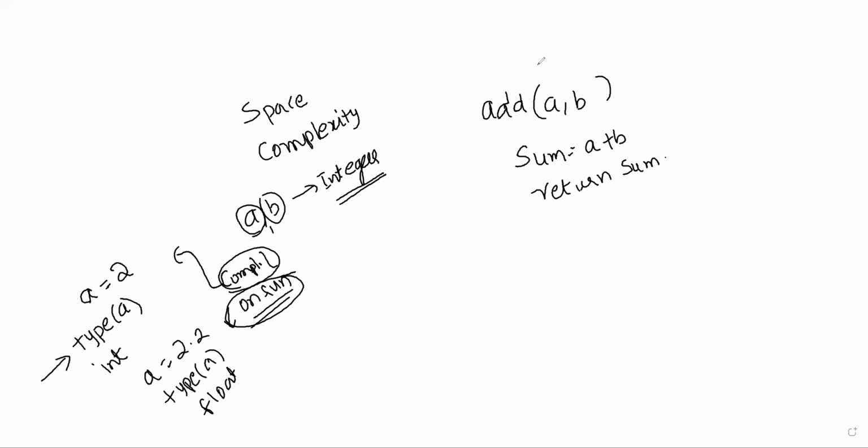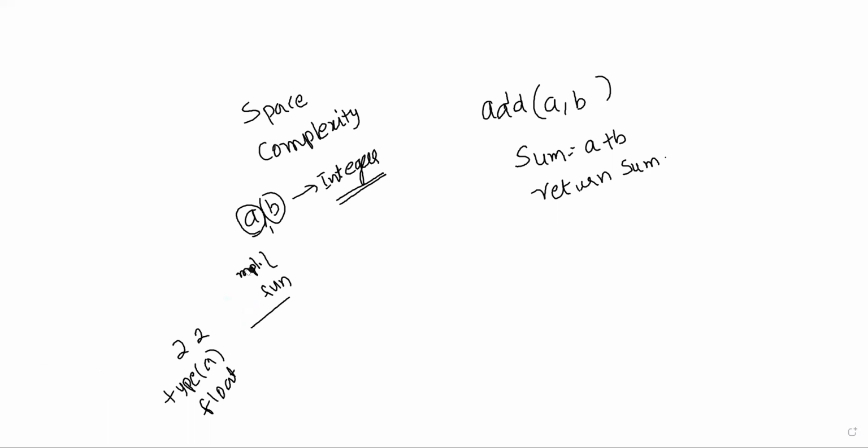Okay, so now coming to space complexities. Let's assume these are integers, and each integer is 4 bytes.